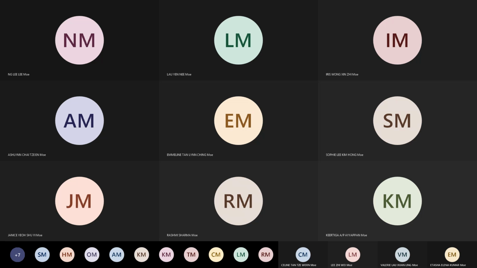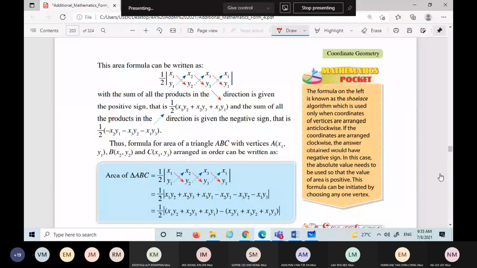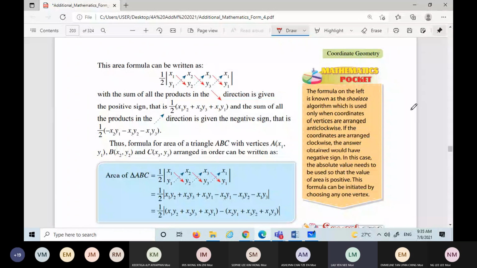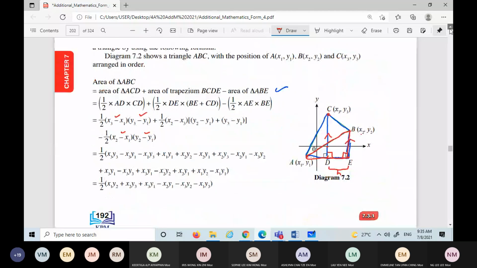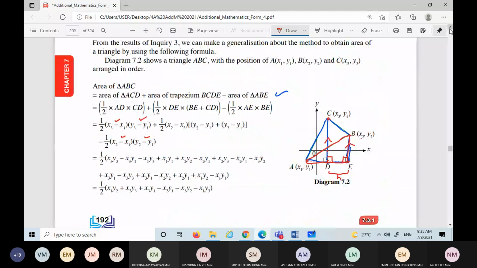Oh, I didn't share, is it? Okay, can you see the textbook? Yeah, can. Where do I stop? Is it here? This one okay or not?